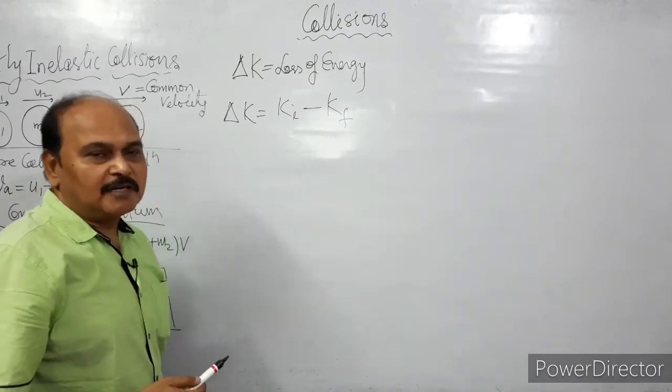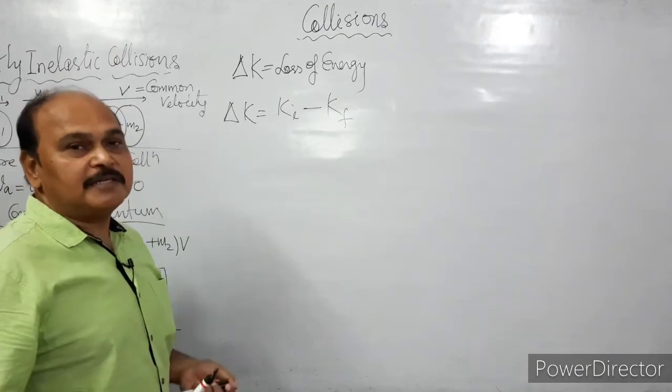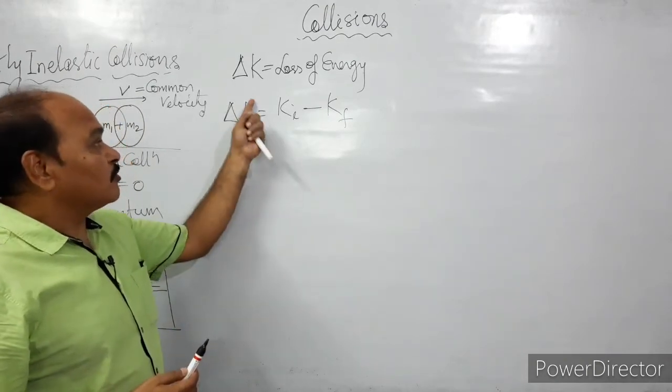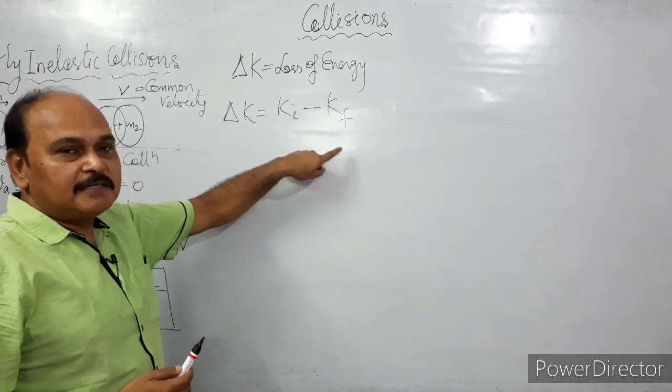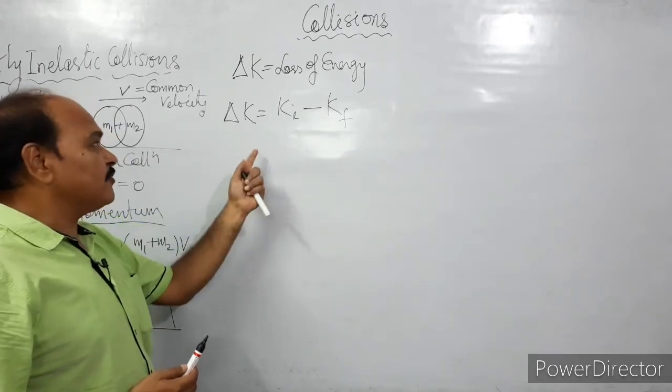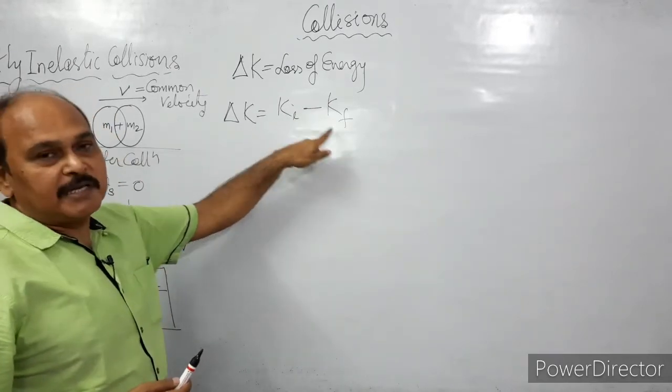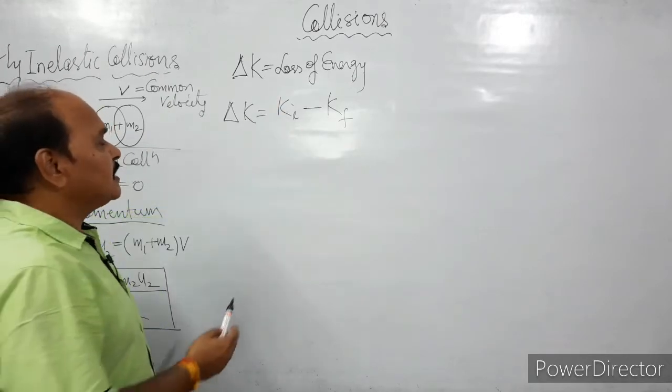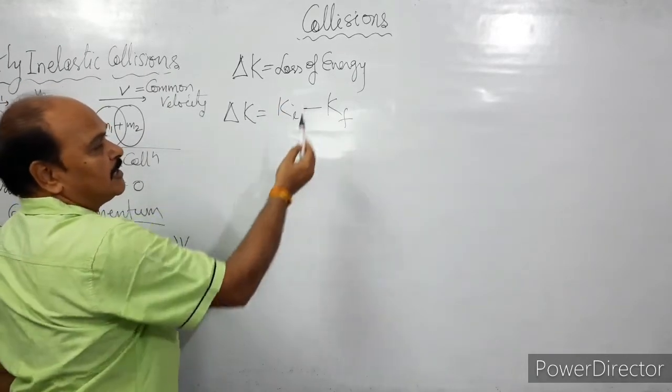Why initial minus final? Since there is loss of energy, the total final energy is less than the total initial energy. So loss is Ki minus Kf.